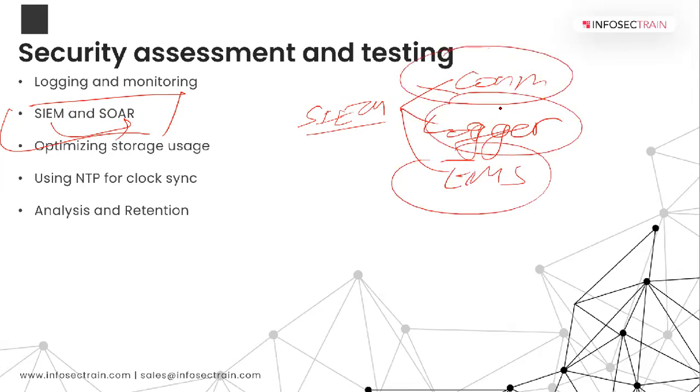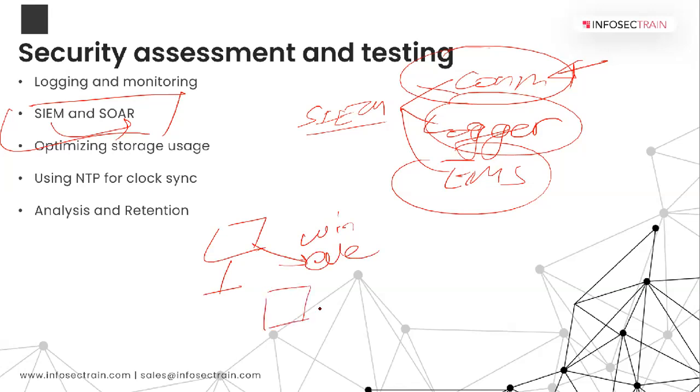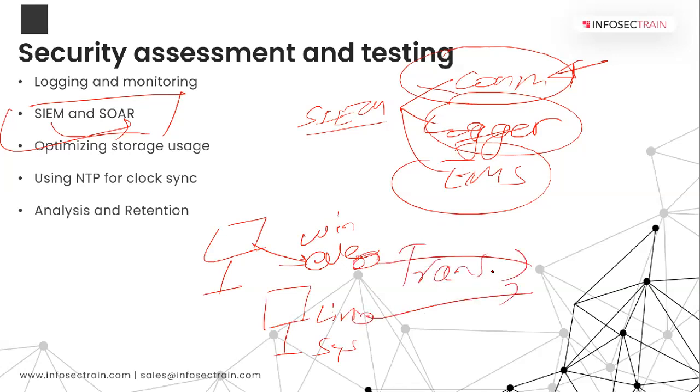What these basically are is the ingest pipeline. What does that mean? Here's your server. If it is a Windows server, it may be generating event logs. If it is a Linux server, it may be generating syslogs. What your ingest pipeline does is, it takes the log from here and it transforms it.